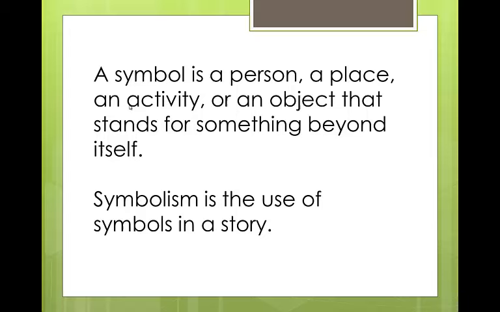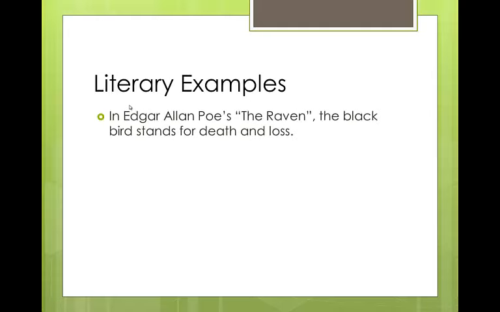It's not necessarily going to be an obvious symbol. It's going to be a little bit more difficult to notice and determine. Here are some examples from literature, just so you can get an idea of what symbolism looks like when it's not these obvious figures that we're familiar with.